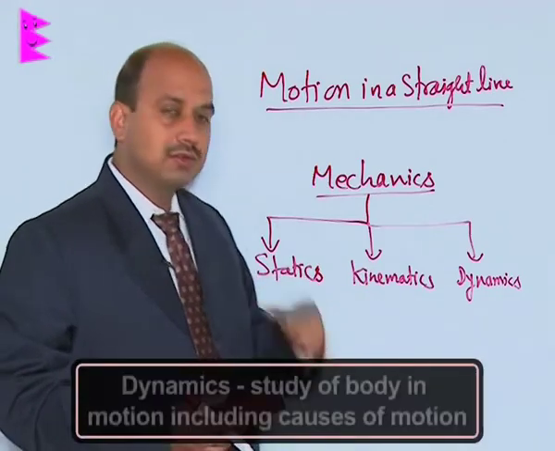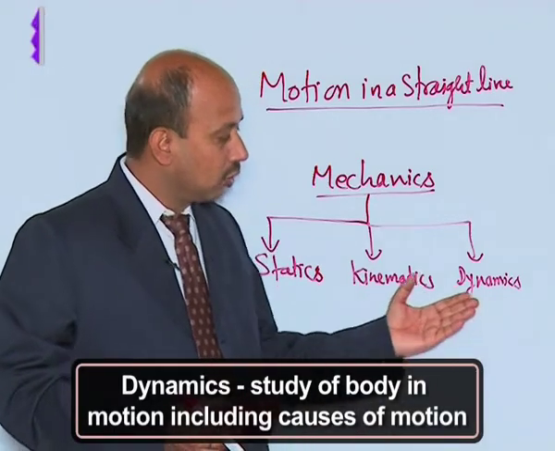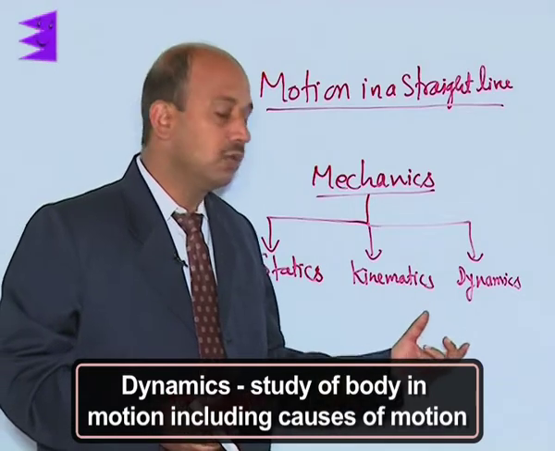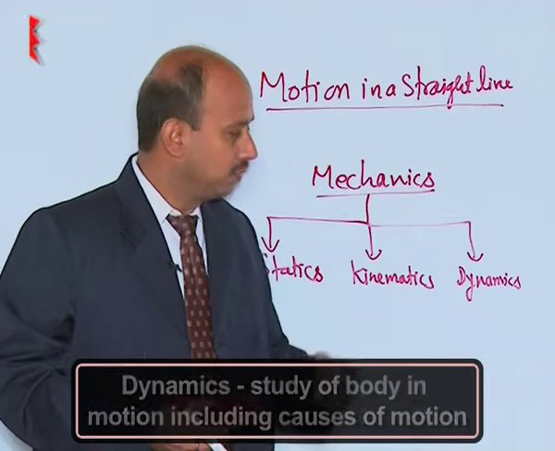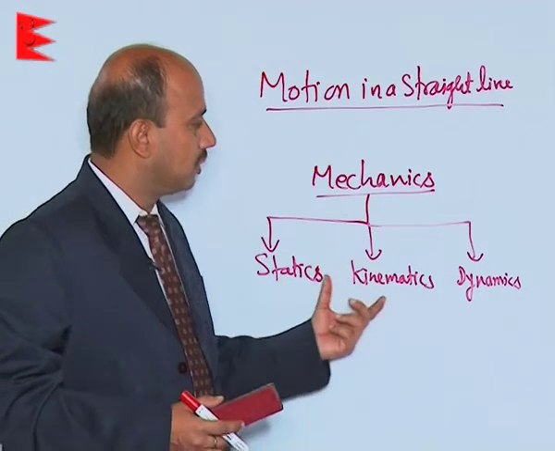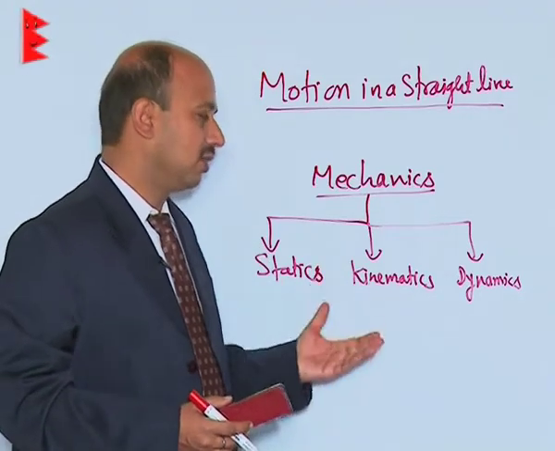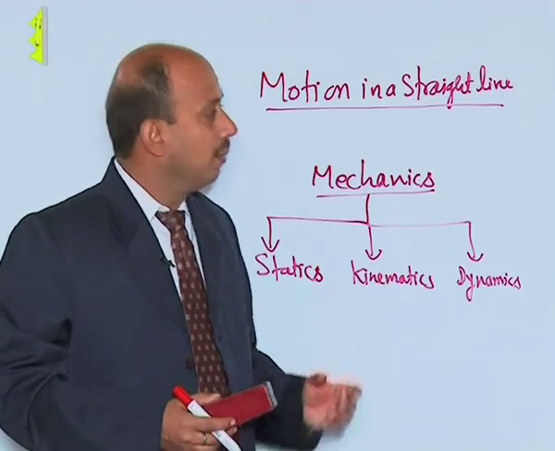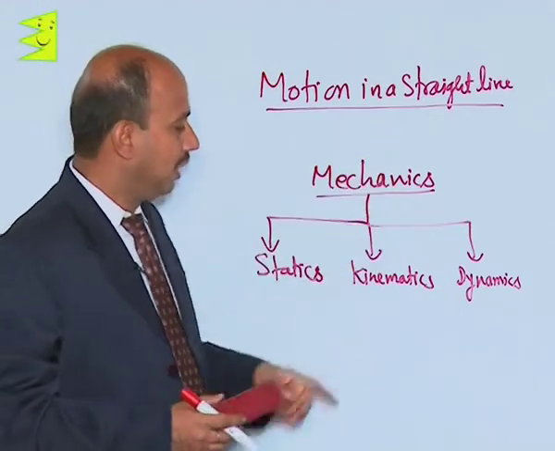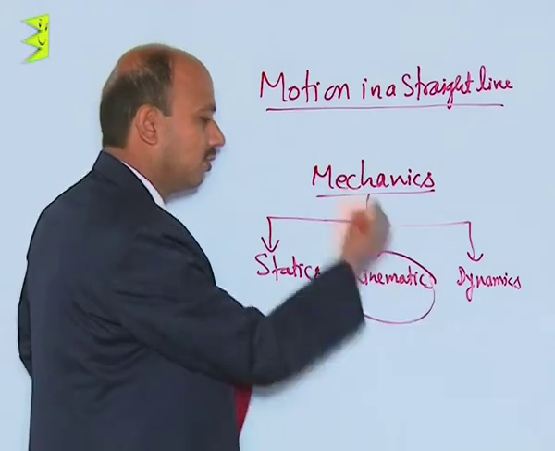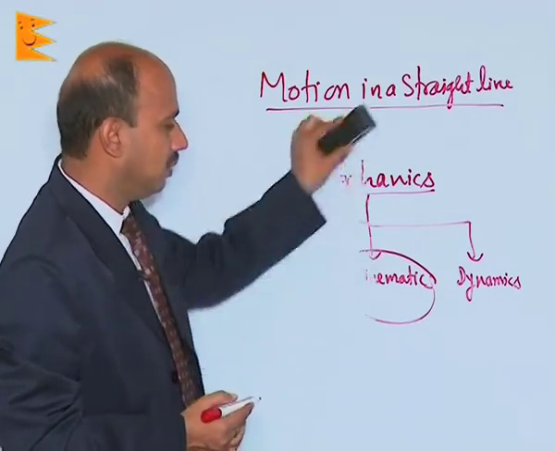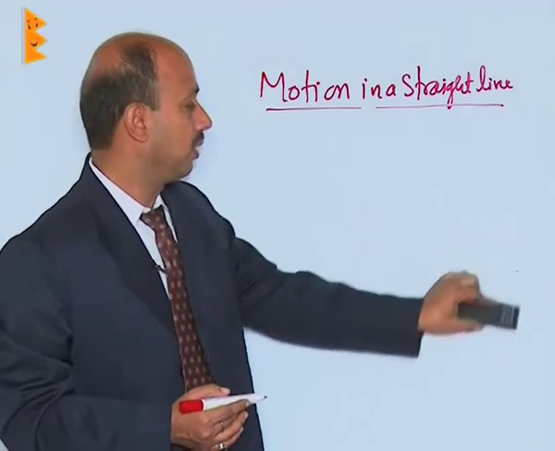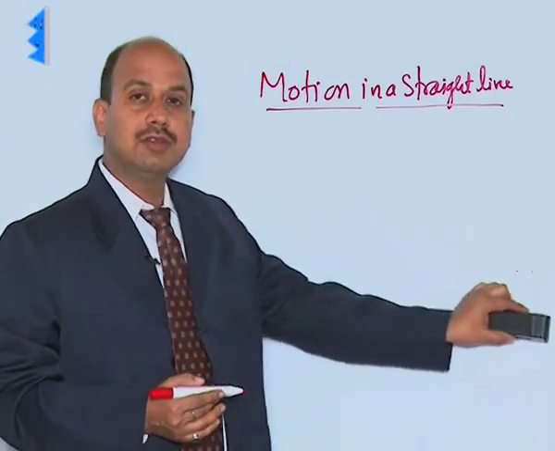But in dynamics, we study about the motion of the body, but here we include the causes of the motion. That means why the body is in motion. So these are the three parts of mechanics here: statics, kinematics and dynamics. But now in this chapter, we will be studying only kinematics. So now we have to come to the part, the kinematics. It means we will be studying the motion of the body without knowing its causes.